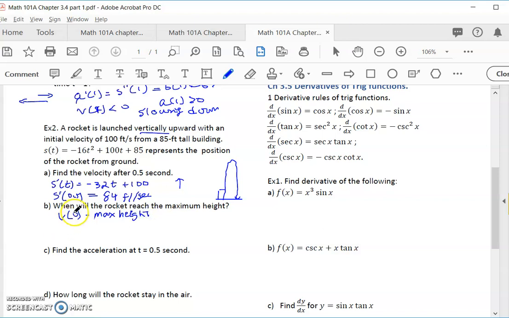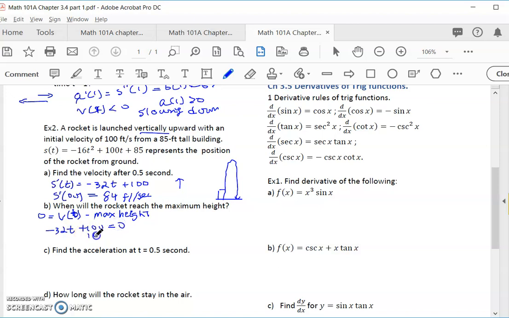So no, v of t is equal to 0, not v of 0. v of t equal to 0. In the beginning it is 100. So we solve this: negative 32t plus 100. This is the velocity equal to 0.